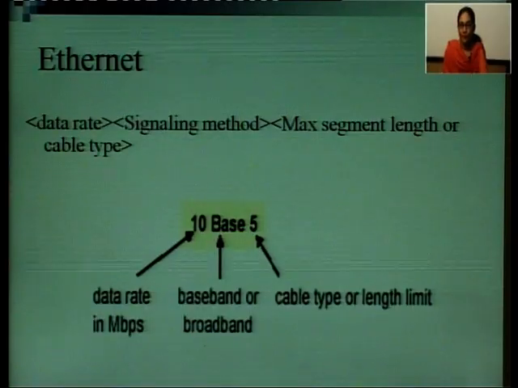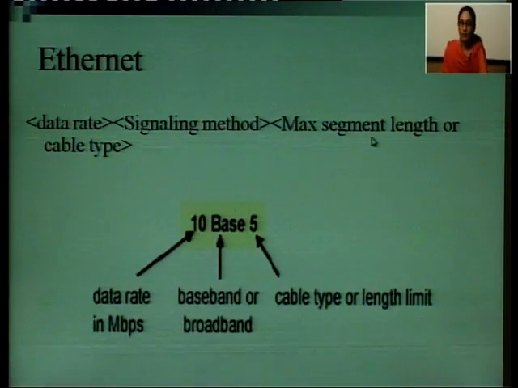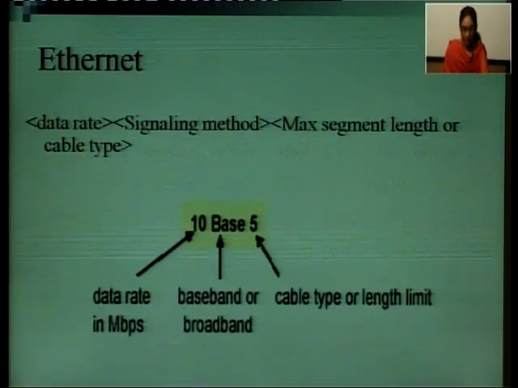But if it is broadband, it includes analog signals. Last is the 5, which means the maximum segment length. If it is a digit, that means the maximum segment length. If it is given as T or F, that means the cable type, twisted cable or fiber cable. So this is the complete syntax of Ethernet: 10 base 5, 10 base 2, 10 base T, 10 base F.